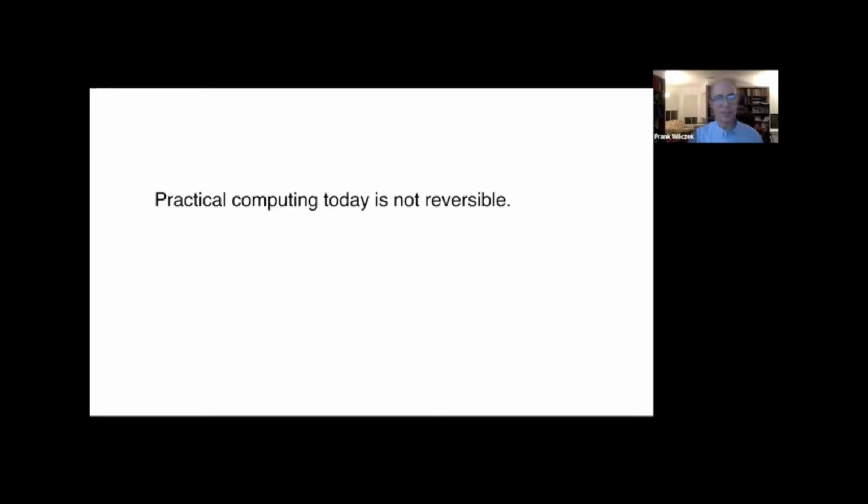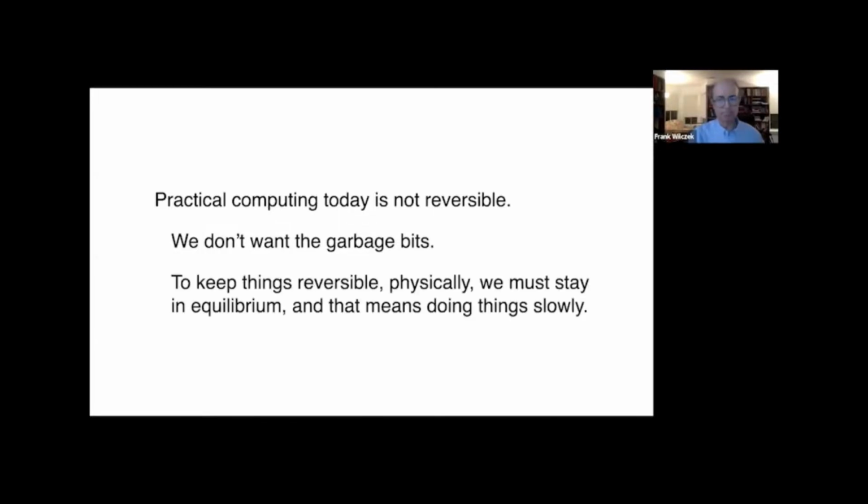So today, practical computing is not reversible. We don't want to keep an extra lot of garbage bits. Also, in order to keep things reversible physically, we have to stay in equilibrium. That usually means doing things slowly, and in computing, we don't want to do things slowly.